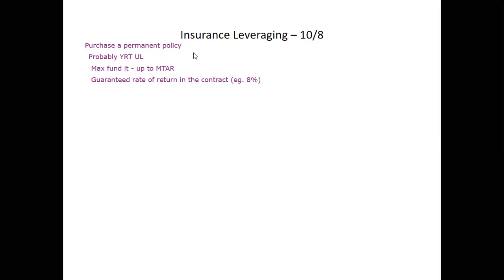And then you're going to take out a loan from the insurer, not a policy loan, although I have seen this structure with a policy loan. Generally, you're not doing this as a policy loan. Okay, so you take out a loan from the insurer, and you're going to be at a 10% rate for the interest on the loan.